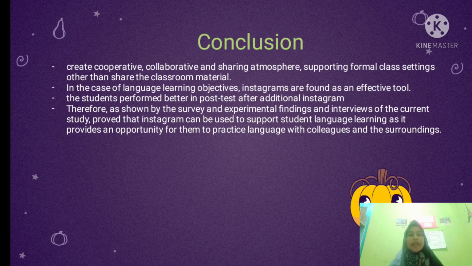In the experiment section performed for this study, the students performed better in the post-test after additional Instagram introduction alongside face-to-face classes. And therefore, as shown by the survey, experimental findings, and interviews of the current study, Instagram can be used to support students' language learning, as it provides an opportunity for them to practice language with colleagues and surroundings.